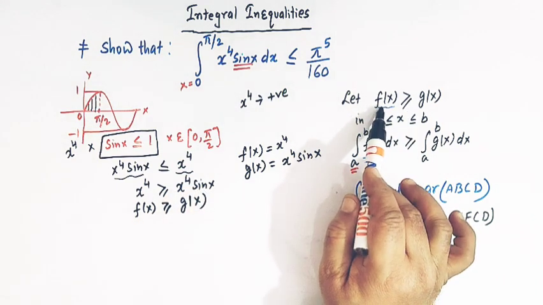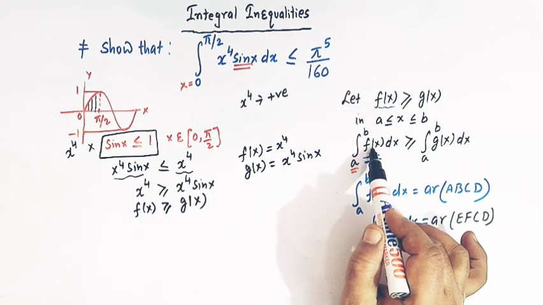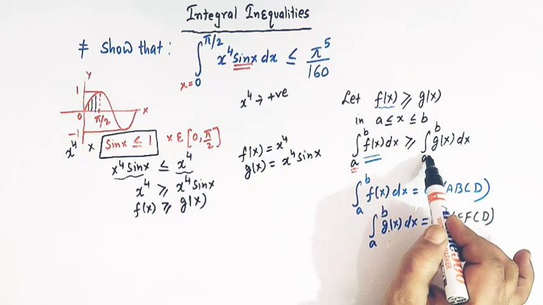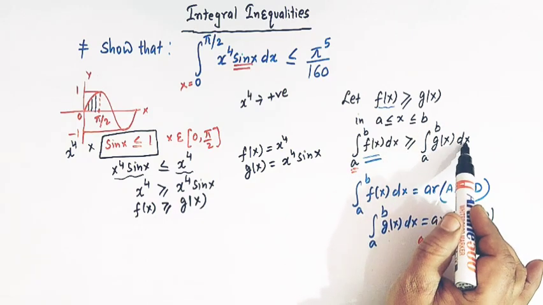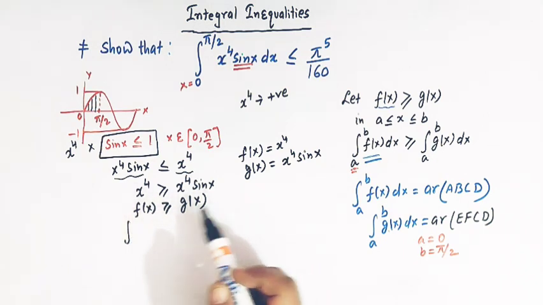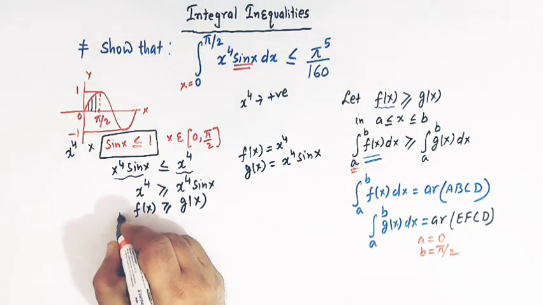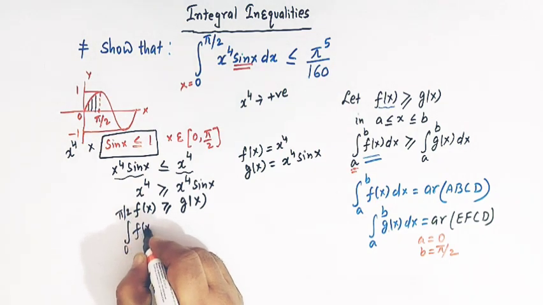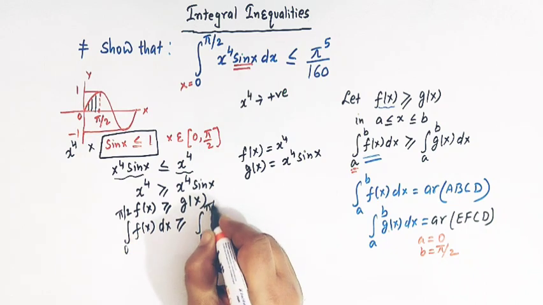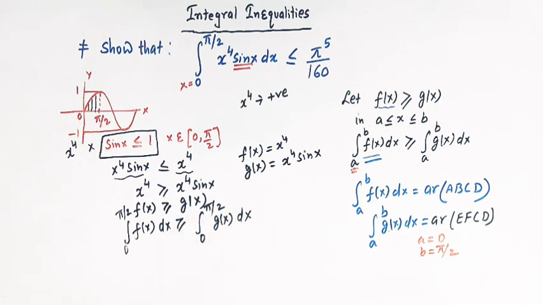So when this inequality holds, then the integral of f of x from a to b is also greater than or equal to the integral from a to b of g of x dx, right? So integrating both sides with respect to x from 0 to pi by 2, right? So 0 to pi by 2 f of x dx is greater than or equal to 0 to pi by 2 g of x dx, right?